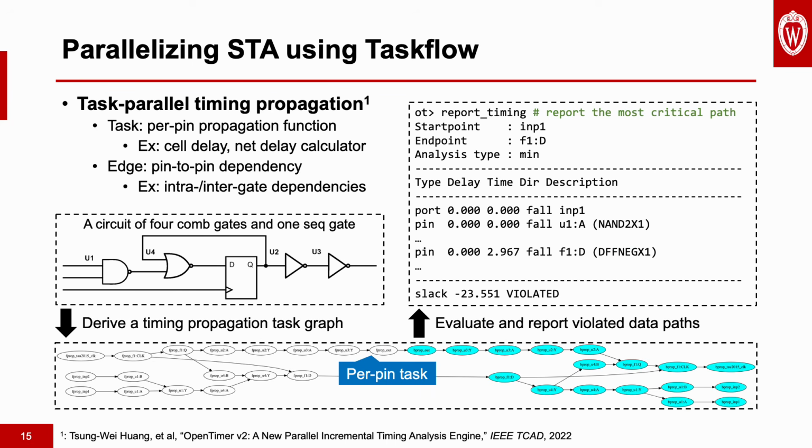For a given circuit, we use Taskflow to derive a timing propagation task graph, where each task represents per pin propagation function and each edge represents pin-to-pin dependency. Then, we run the Taskflow to evaluate and report violated data path in parallel.